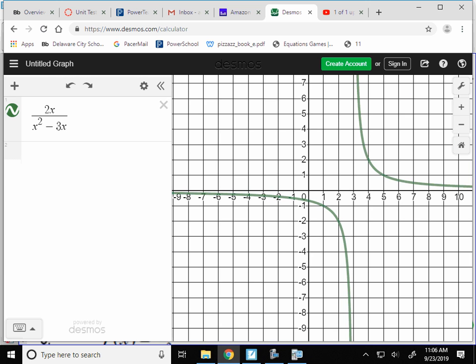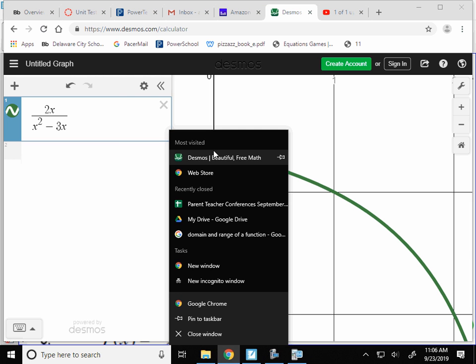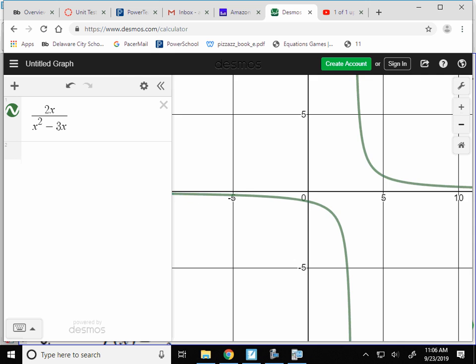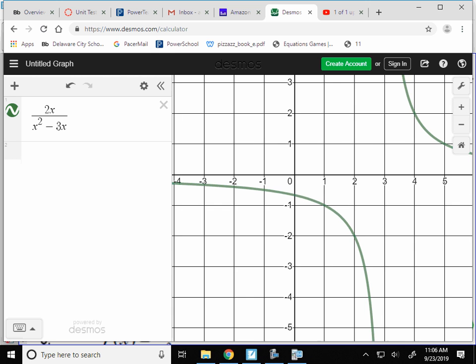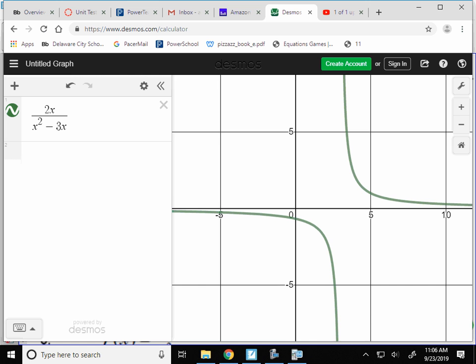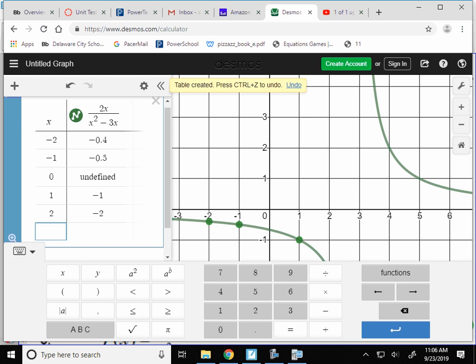Like if I clicked on 0, it says undefined. There's a hole there. And then at x is 3, there's an asymptote, right? I lost my grid. But you can also see that from the table here. If I put 3 in, it's also going to give me undefined. So you can use your calculator to help you check your work.